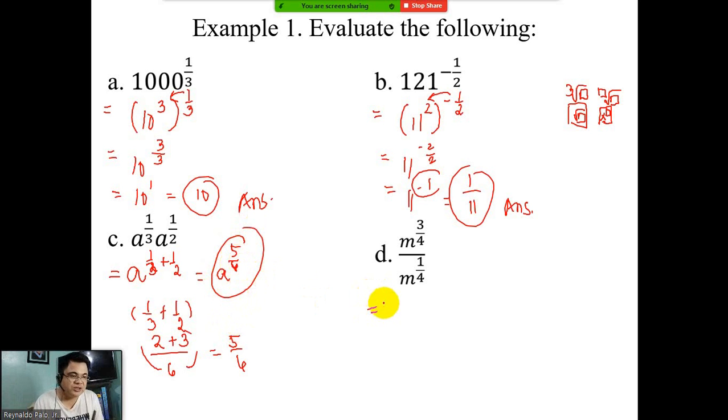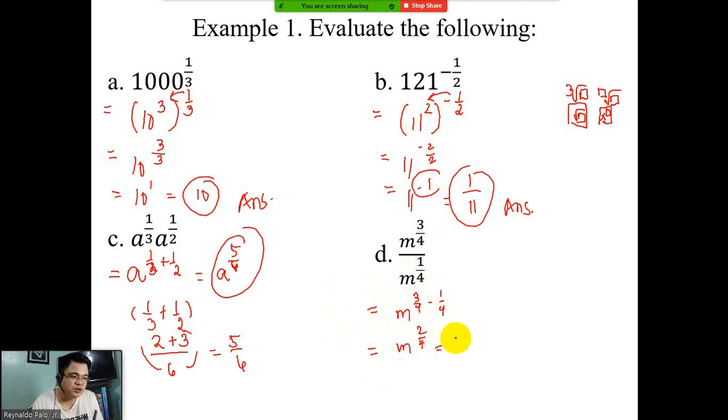Next, letter D, we have m raised to the power of 3/4 over m raised to the power of 1/4. We will be applying the division law of exponents here by copying the base, which is m, and then subtracting the exponents. 3/4 minus 1/4. As you can see, the exponents are similar fractions, so all we need to do is to subtract the numerators. 3 minus 1 is 2/4.